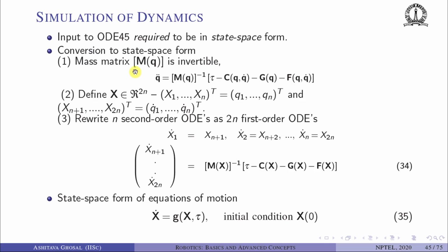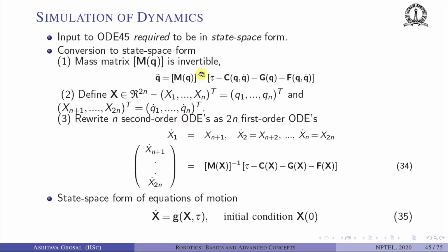The mass matrix is always invertible. Remember, it is positive definite and symmetric. So q double dot can be written as M inverse times (tau minus C minus G minus F). Then we define a state vector x, where x1 through xn are nothing but q1 through qn, and x(n+1) through x(2n) are nothing but q1 dot to qn dot.